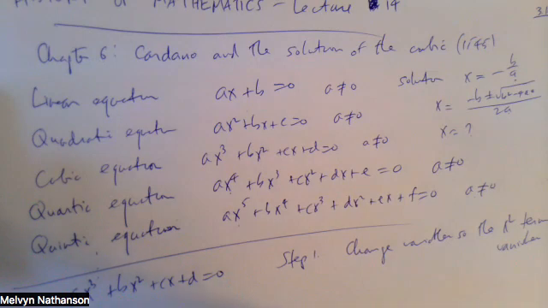And how can one do that? Well, one can always make the following substitution. One can decide whether one wants to first divide by a and then make the substitution, or make the substitution and then divide by a.